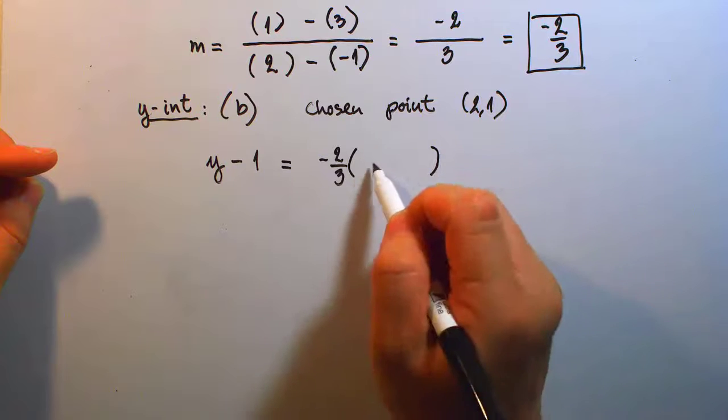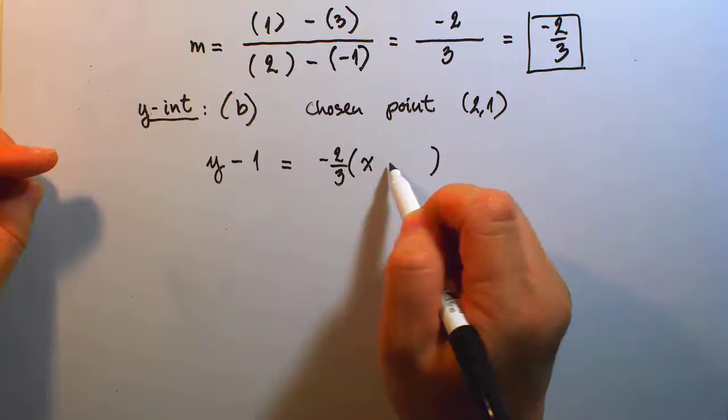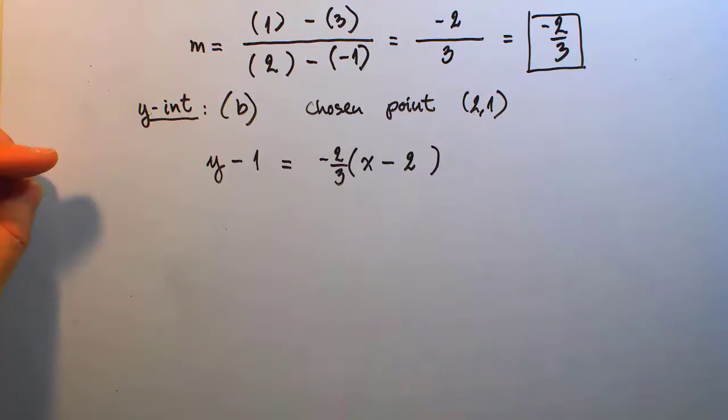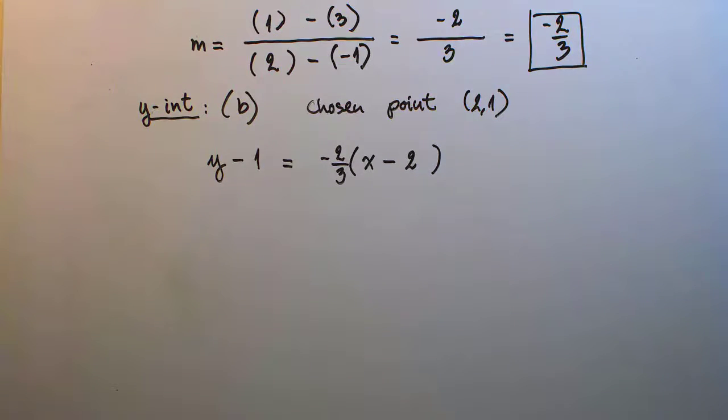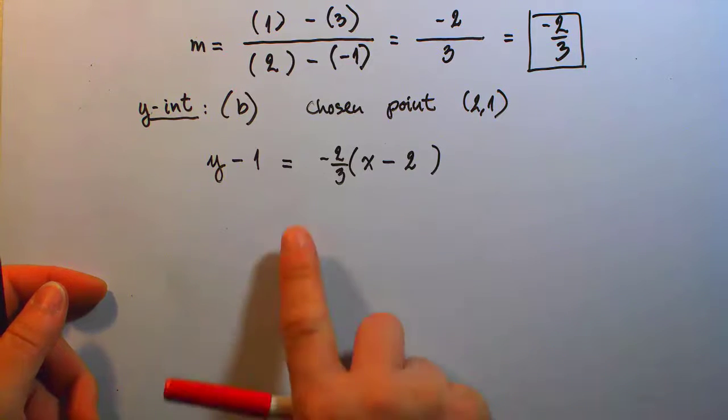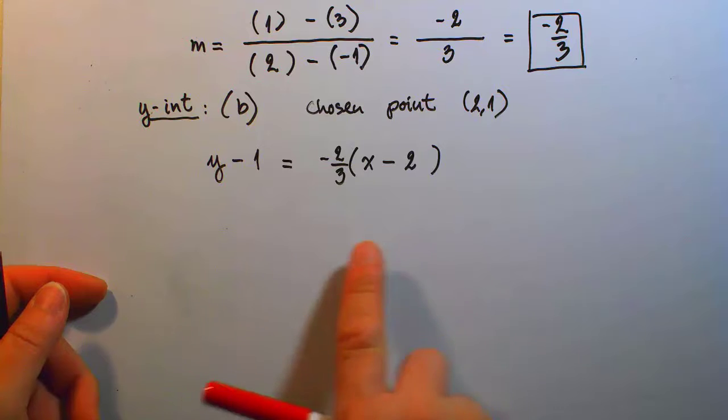Inside the parentheses we have x minus 2. This 2 comes from the x value of your chosen point. I hope I remind you enough in case the skill of finding the point slope equation has faded away for anyone, but it's that simple.